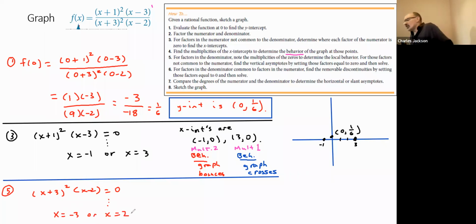And so these actually are the equations of 2 lines that the curve will approach, but not cross. The graph of a function can never cross its vertical asymptote.